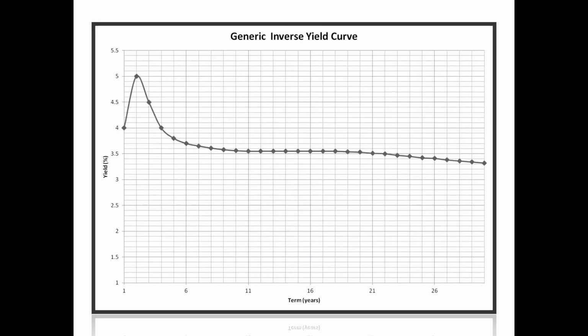Now, a chart that's really uncommon to see is an inverse yield curve. You can see on this chart, if you were going to buy a bond at a 1 year term, you'd get a 4% yield. If it were a 2-year bond, it would be a 5% yield. And just so you know, if it's 1 year, it's not considered a bond. It's actually considered a bill. So the proper terminology is a bill at that point.